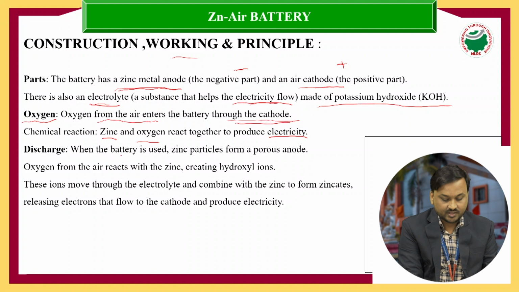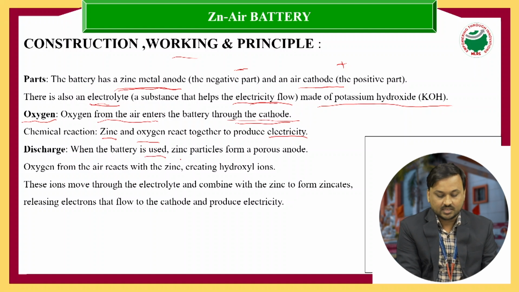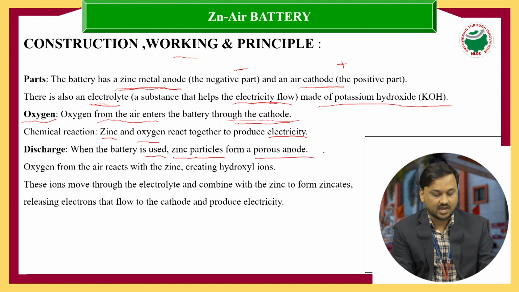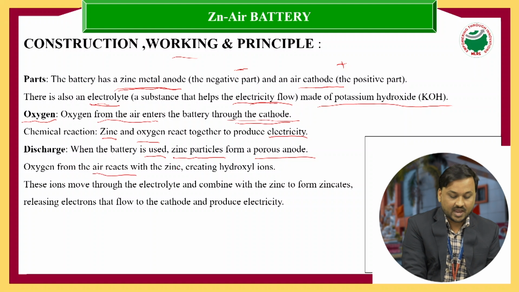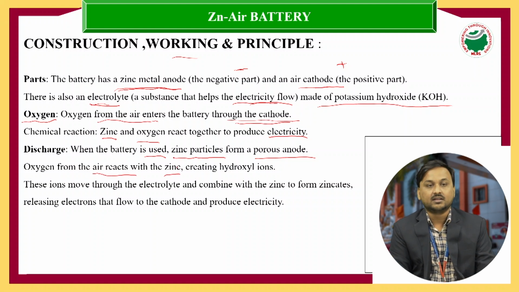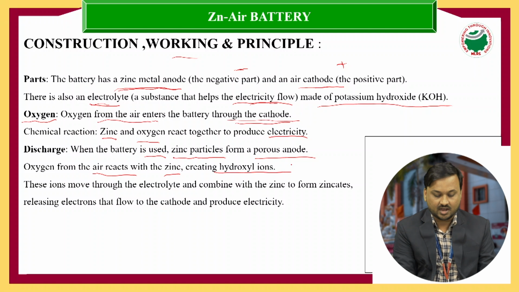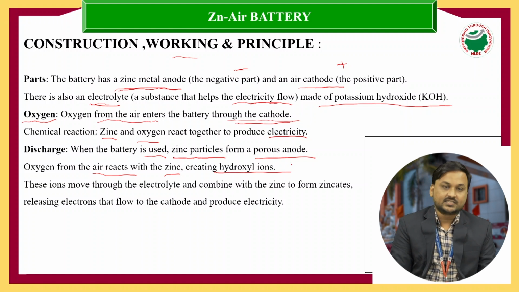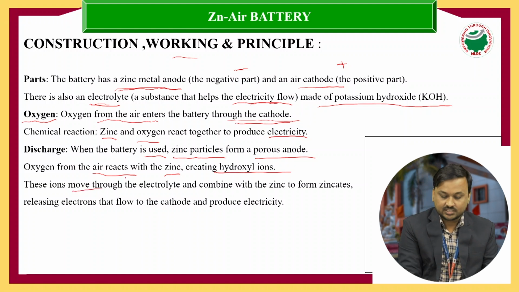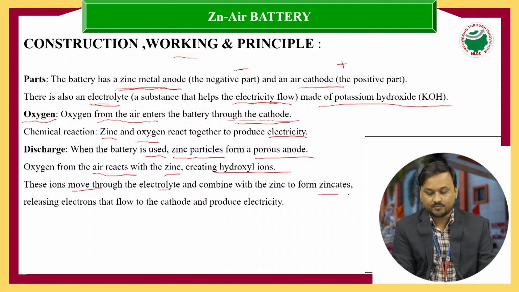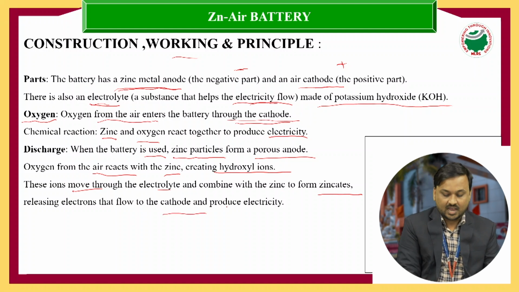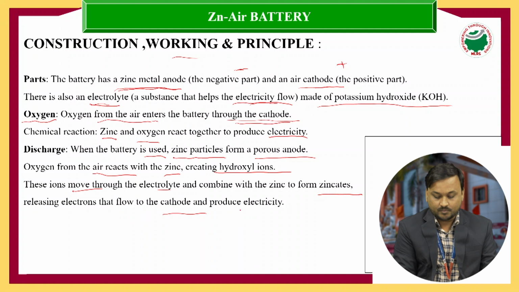During the discharge time, when the battery is used, the zinc particles form the porous anode. The oxygen from the air reacts with the zinc, creating hydroxyl ions. These ions move through the electrolyte and combine with the zinc to form zincates, releasing electrons to the cathode and finally producing electricity.